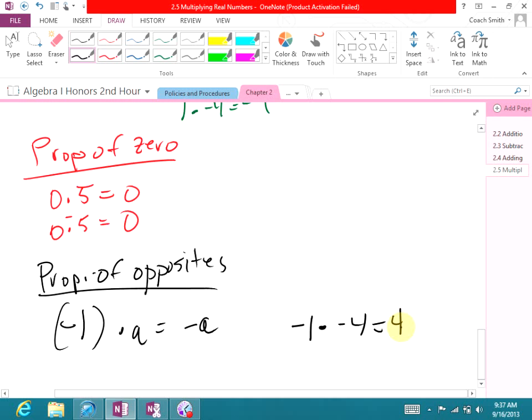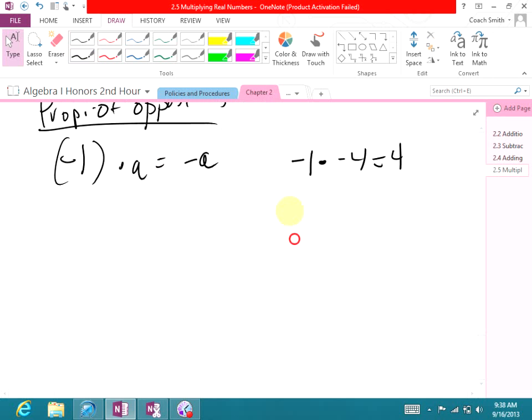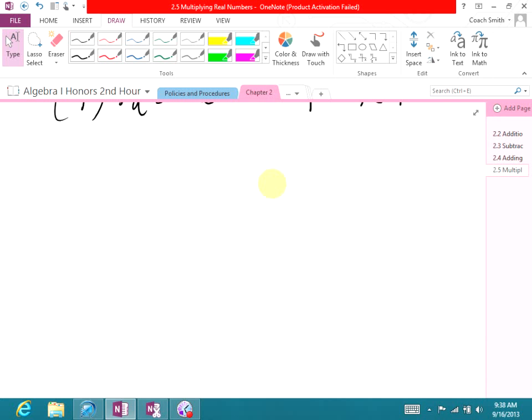All right, now, that brings us to a couple of things I want to talk about before we move on to some more examples. I want to talk about vertical displacement.